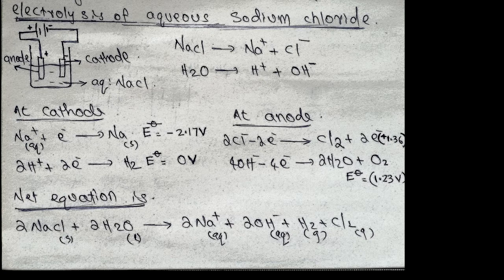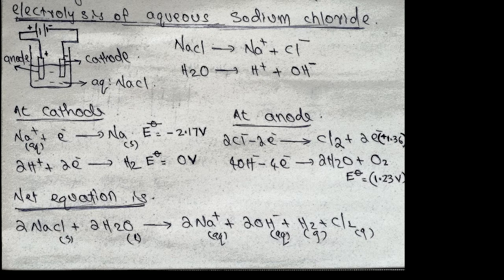But the one with the higher electrode potential will be reduced at the cathode. Na+ to Na has an E0 value of minus 2.71 volt. 2H+ changing to H2 has an E0 value of 0 volt. So H+ to H2 has the higher E0 value, so H+ changes to H2.